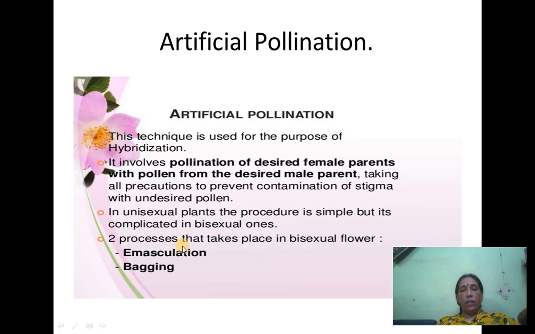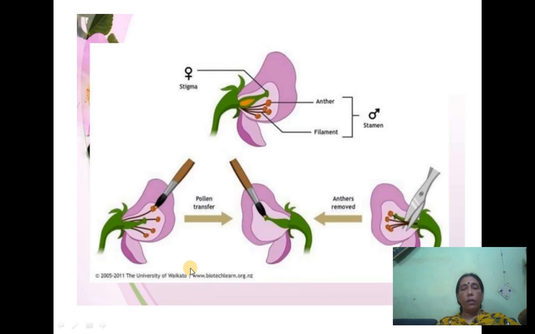The two processes that take place in bisexual flowers are emasculation and bagging. Here the steps are being reviewed. This is the stigma, and these are the anthers, that is the male reproductive organ. And see here how the transfer is being made.